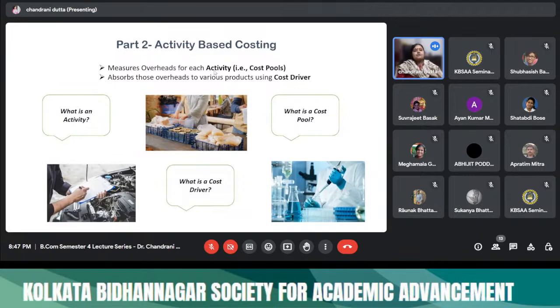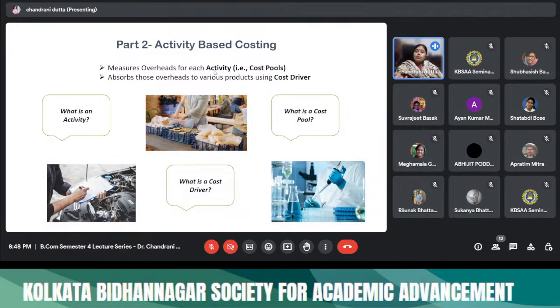When I am manufacturing a product, different activities are being performed. A product is consuming different activities. Okay, setup, packing, receiving, machine repairs and maintenance, testing, quality check, dispatching, so many activities. And if you observe closely, you'll find why the costs are being incurred.